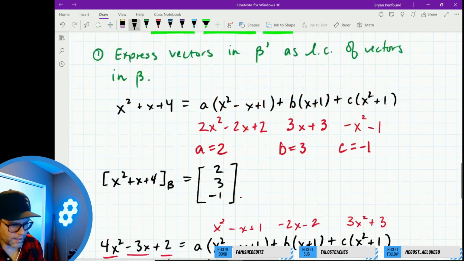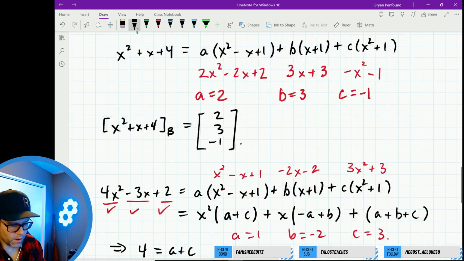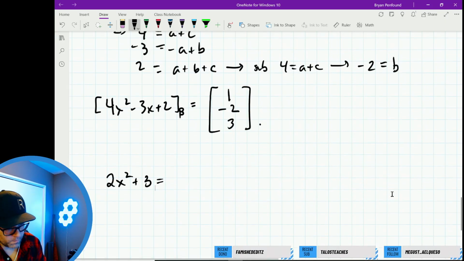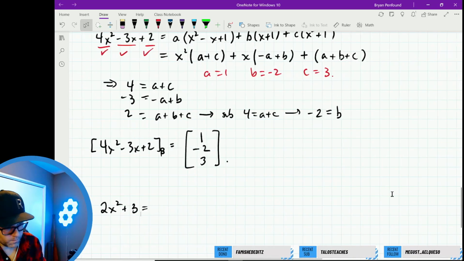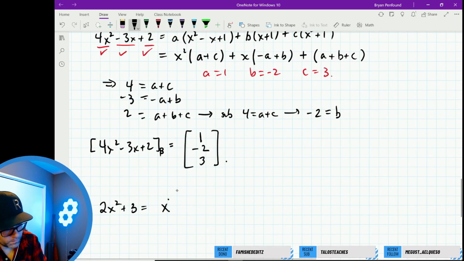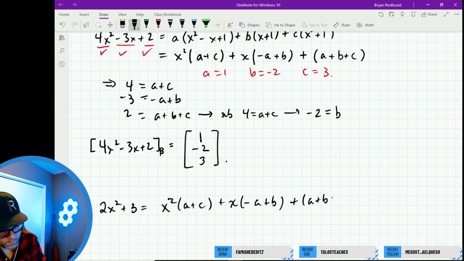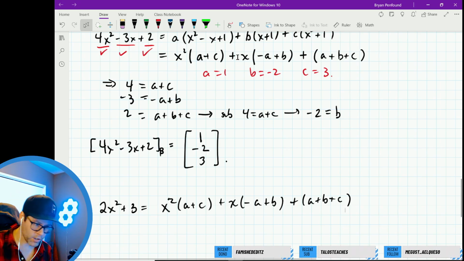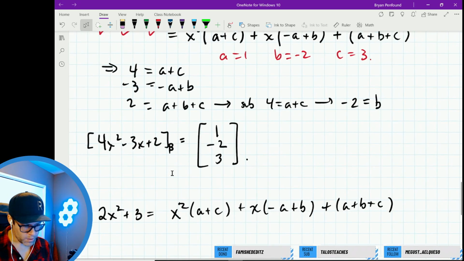All right, let's do the last one: 2x squared plus 3. So in this case, I'll take the expanded form. We expanded out this expression so that we could compare coefficients.